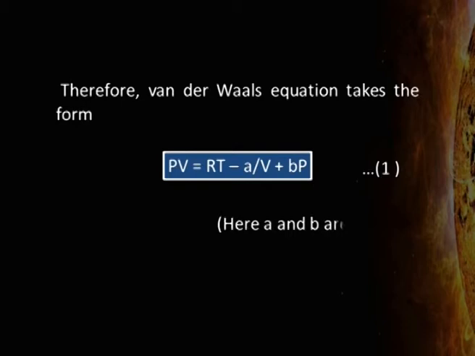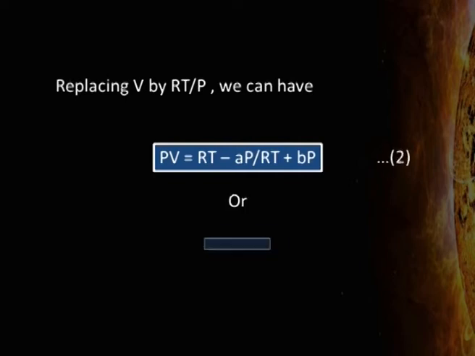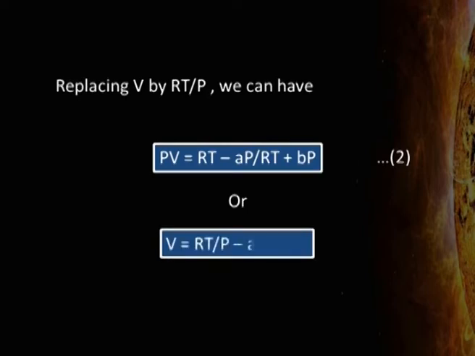Here A and B are van der Waals constants. Replacing V by RT by P, we have PV equal to RT minus AP upon RT plus BP, or we can say V equal to RT upon P minus A upon RT plus B.